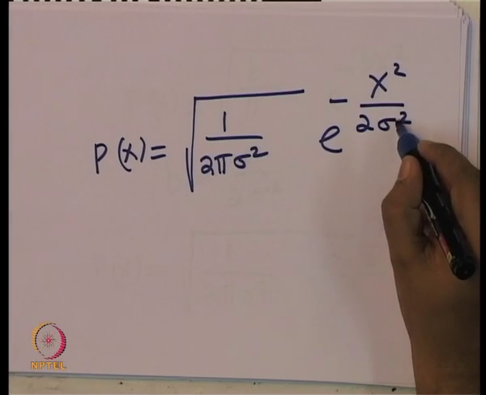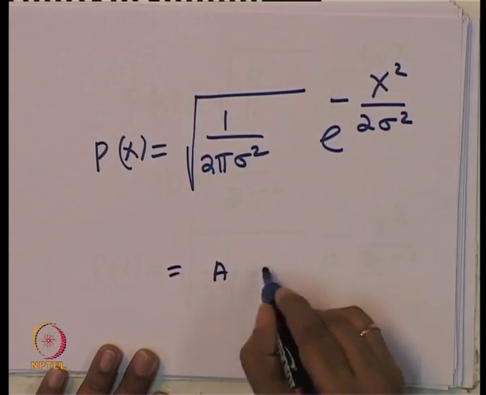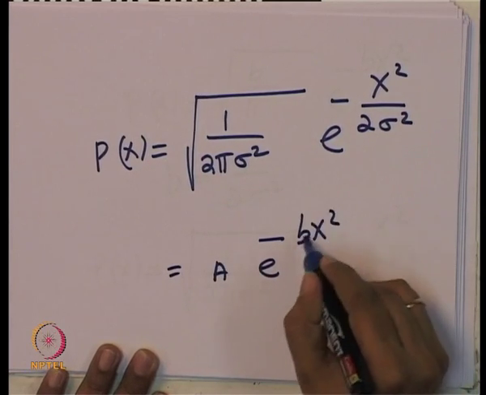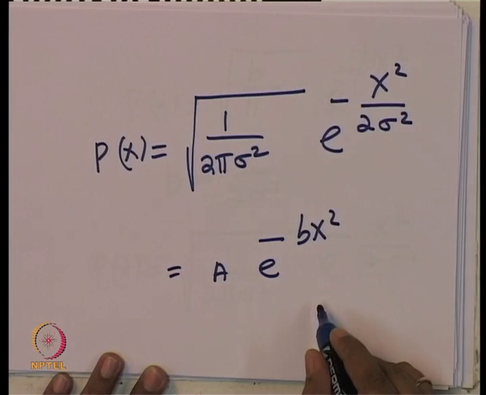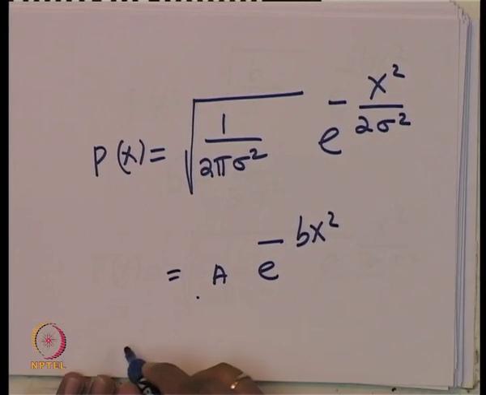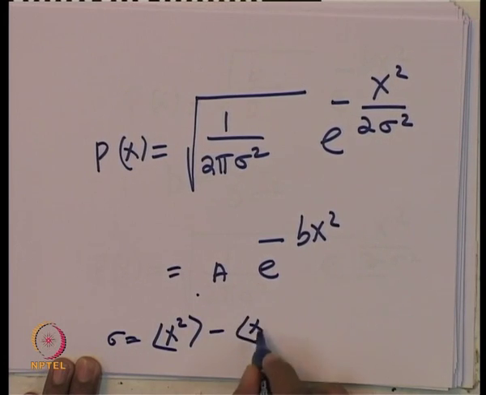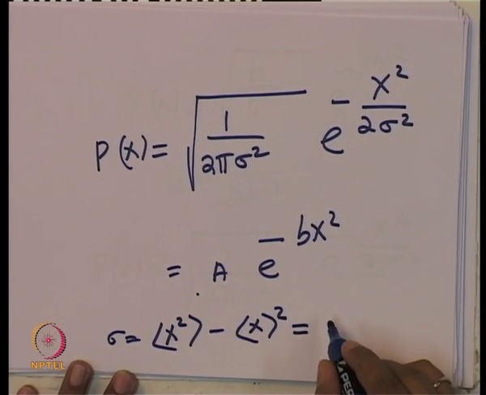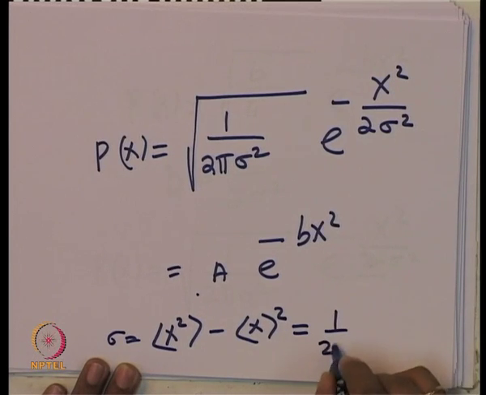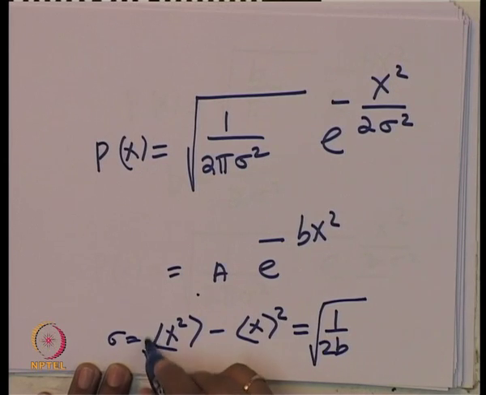This is precisely the reason why sigma square is put here. If you just call the function e power minus b x square, and you take this function and calculate sigma, that is the root of x square average minus x average square, what we get is root of 1 over 2 b.